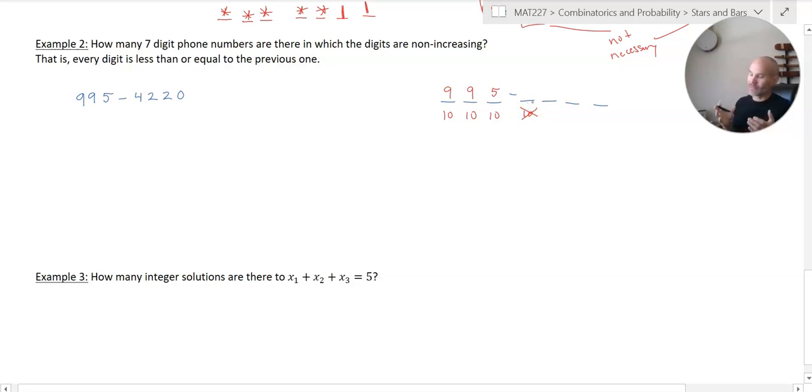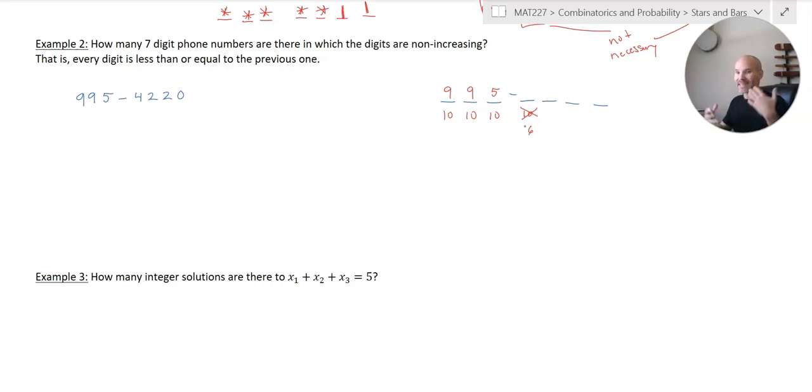And so you might say, well, no problem. For this sequence, we would just say there are 6 possibilities for that fourth digit, and that would be correct if the first 3 numbers were 995, or perhaps even 985, or 975, or 965, or 955.